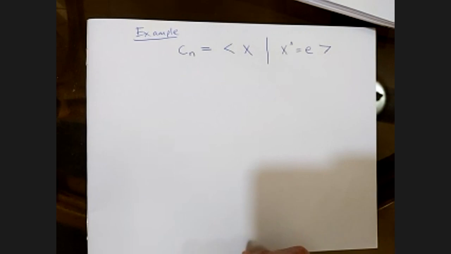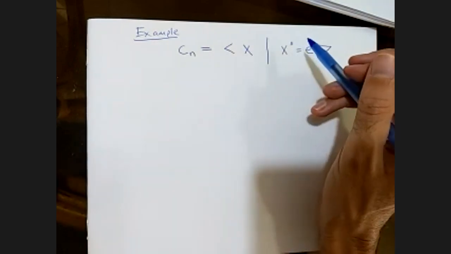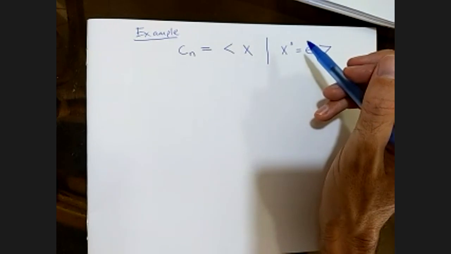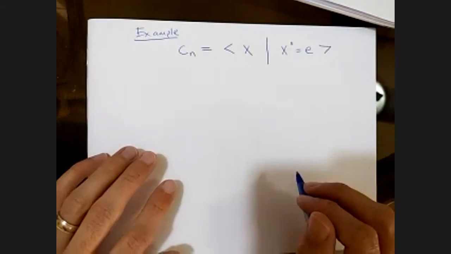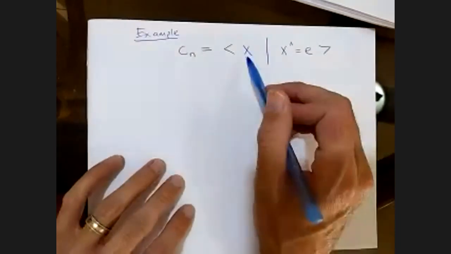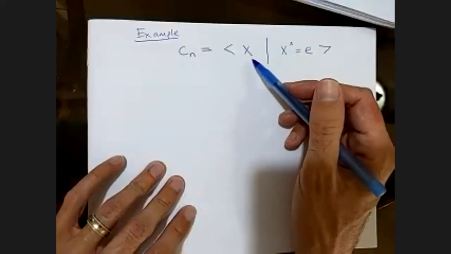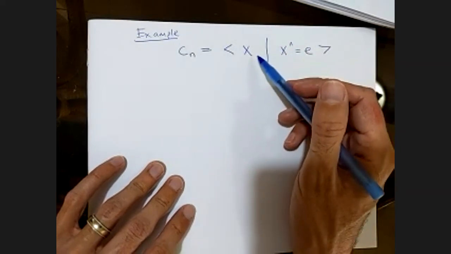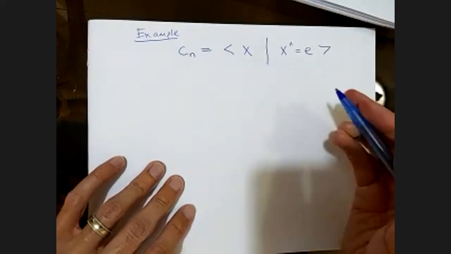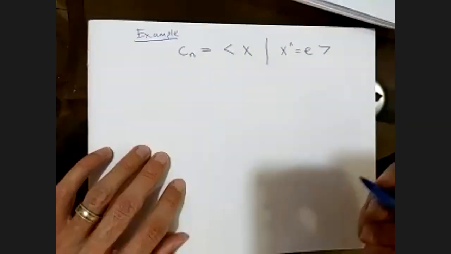Now, in this group, everything is just powers of x. To multiply two elements of the group, you just use the normal addition of exponents.